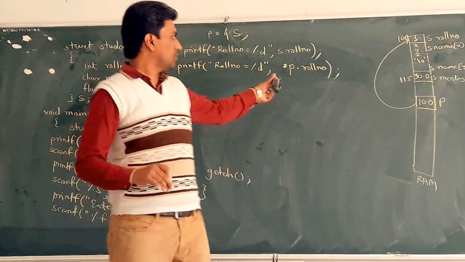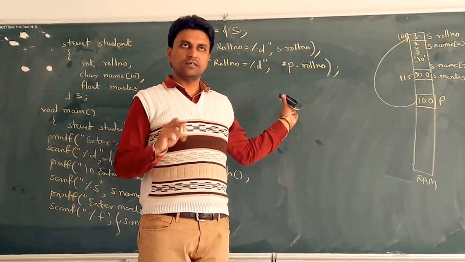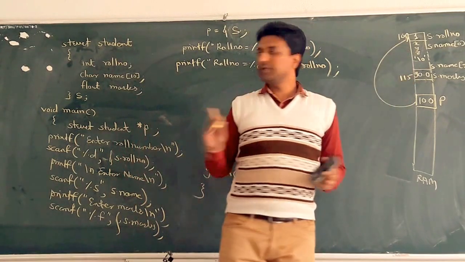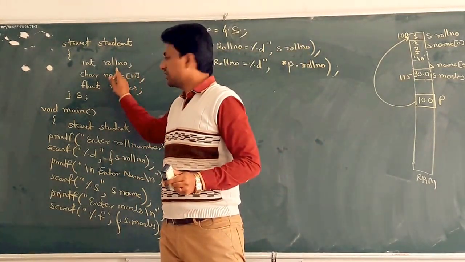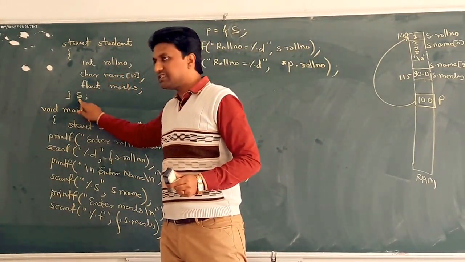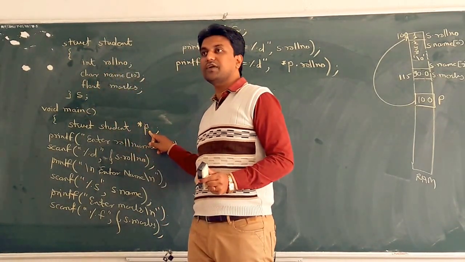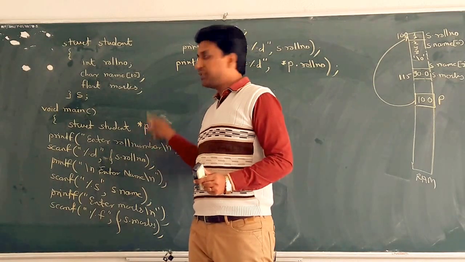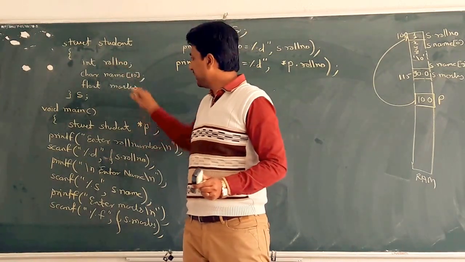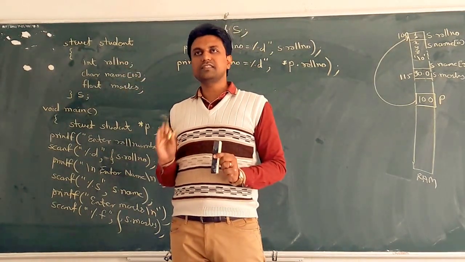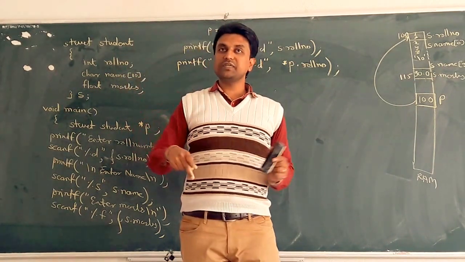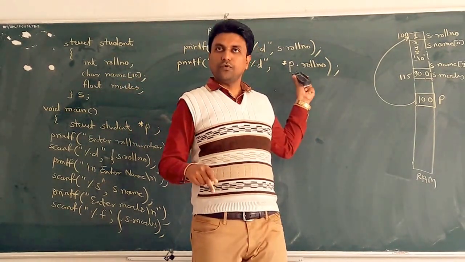Is it the correct notation? Yes, because how do we access the roll number data member of the structure? Using the S dot operator. Similarly, how can we access using the structure pointer? P dot name, P dot roll number, P dot marks. Yes, it is correct. Value at that location means we have to give a pointer.